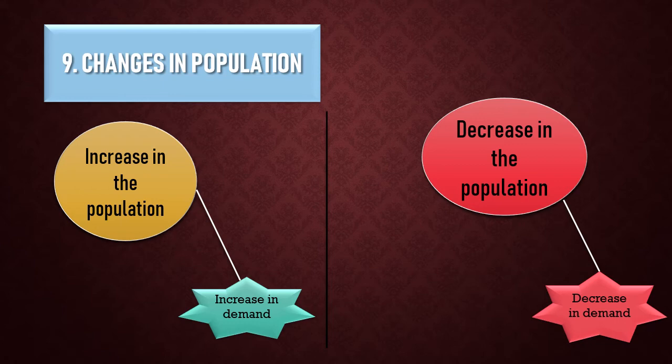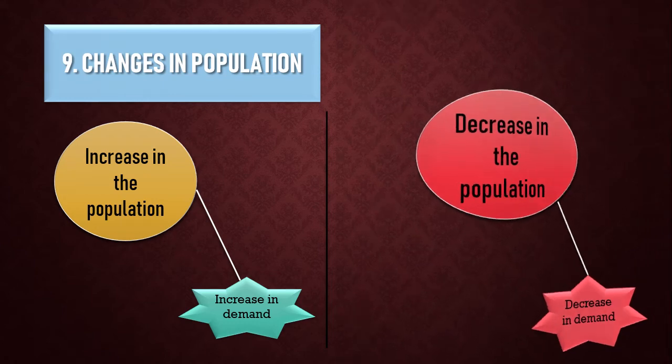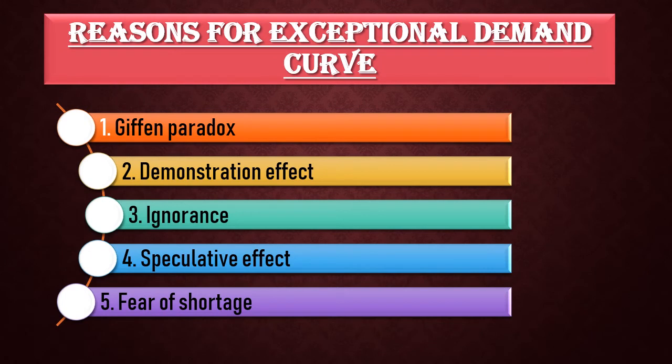Let's have a look at the next concept we are going to study. This is the concept of reasons for exceptional demand curve. In the previous video, you understood that the demand curve is always downward sloping because of the law of demand. Because the law of demand explained to us that if there is a rise in the price, it will decrease the demand.